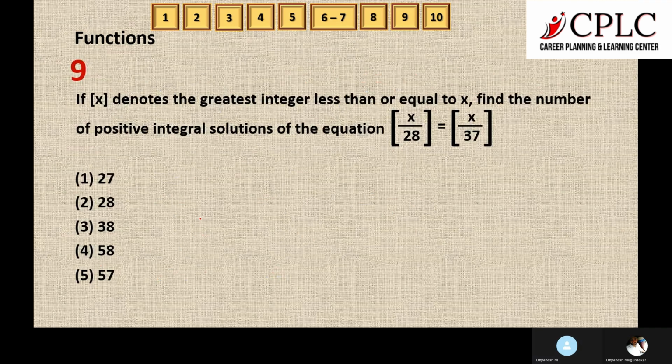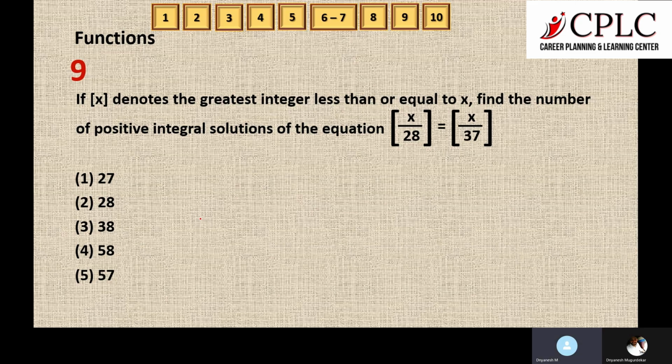Ninth one, square bracket x denotes the greatest integer less than or equal to x. Find the number of positive integral solutions to the following equation.